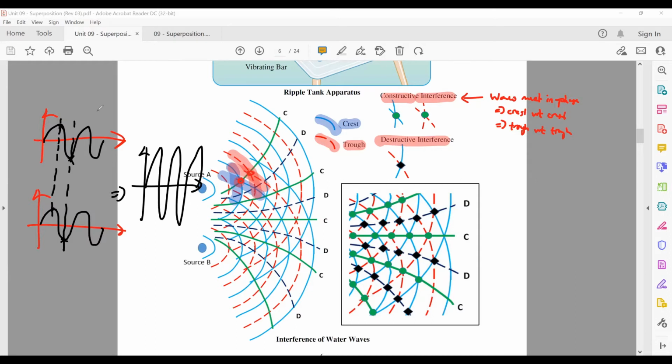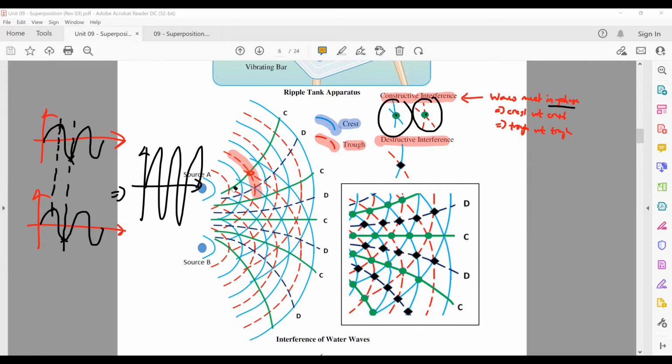So crest meets crest, trough meets trough. That is constructive interference. The waves are meeting in phase. So here, if you look carefully at the diagrams, when the blue line meets with a blue line, that is one point of constructive interference. When a dotted red line meets a dotted red line, that is also another point of constructive interference.